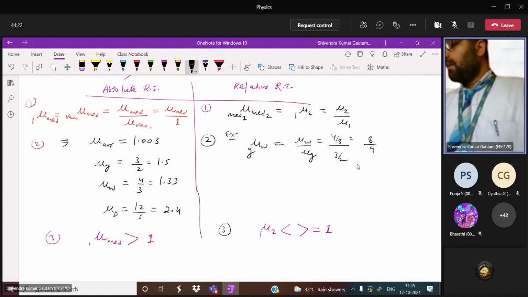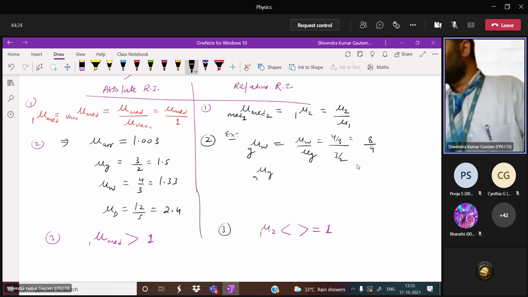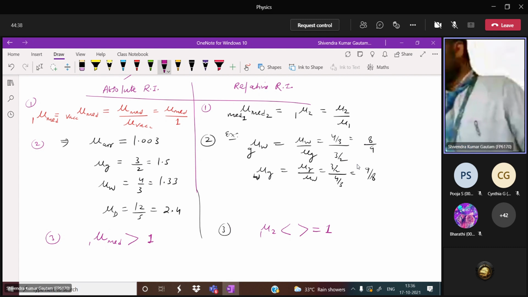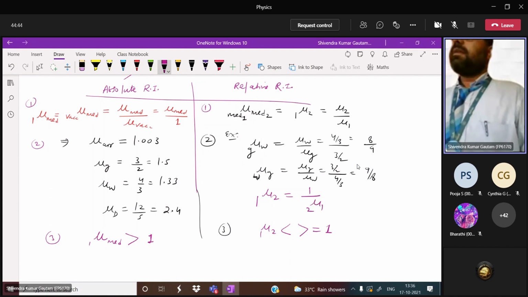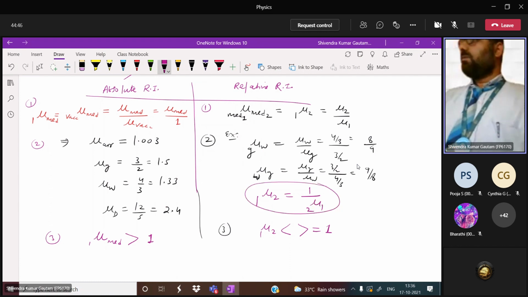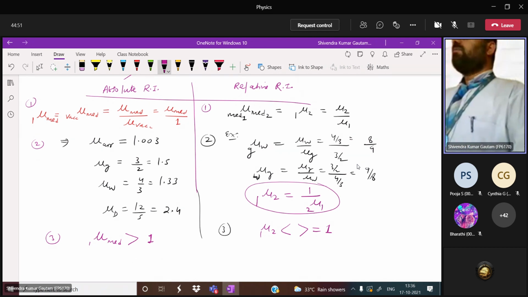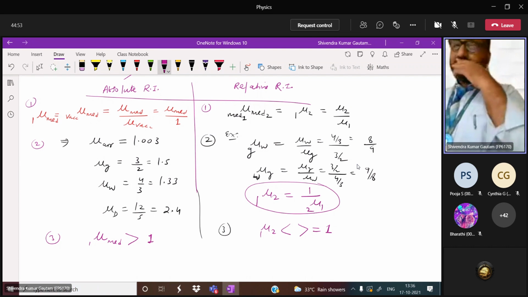If I ask you mu glass water, mu glass divided by mu water, you will find 3 by 2 by 4 by 3, 9 by 8. Reciprocal, right? So we can also write mu 21 is the reciprocal of mu 12. Clear? This relation you also have to know. So absolute means with respect to vacuum, relative means medium 2 with respect to medium 1. Note it down, everyone.